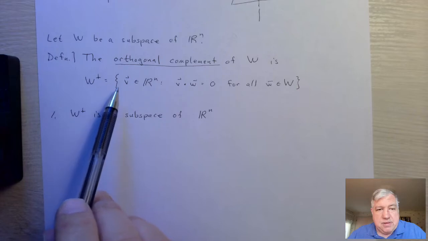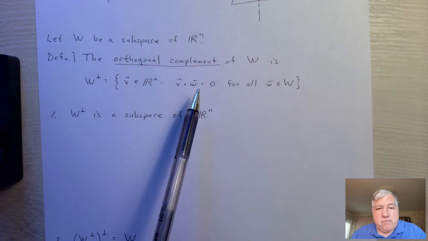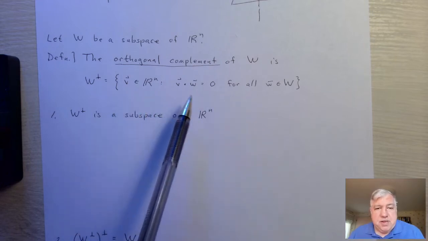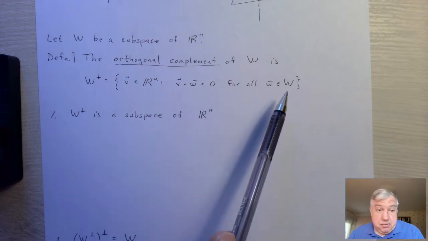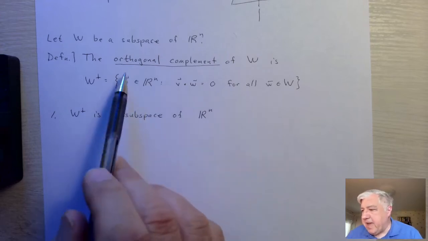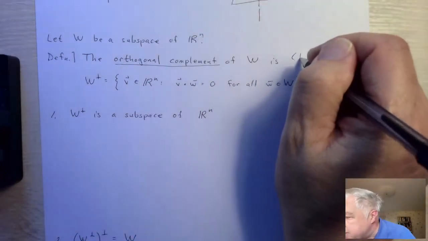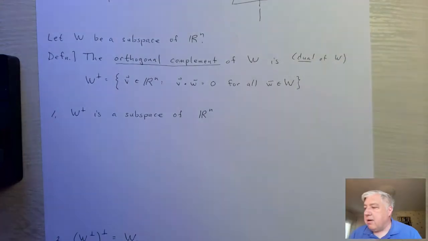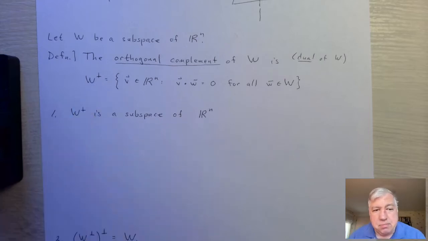This set is defined to be all the vectors in Rn that are orthogonal to all the vectors in W. That is, all vectors v such that v dot w is equal to 0 for all little w in big W. The fancy name is the orthogonal complement. Sometimes we call it the dual of W, or sometimes I'll just slip up and say W perp.